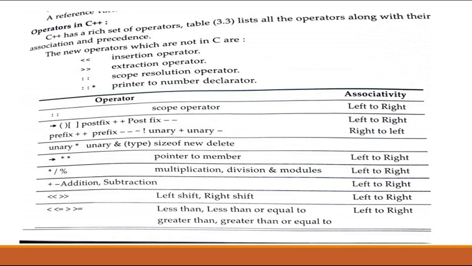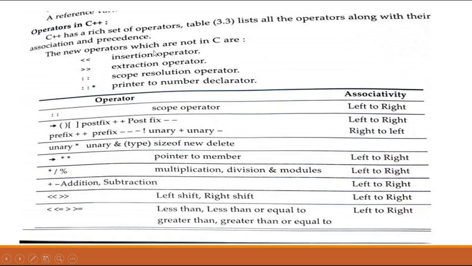Our next topic is operators in C++. This is another token in C++, okay. C++ has a rich set of operators. List all the operators along with their associativity and precedences, okay.